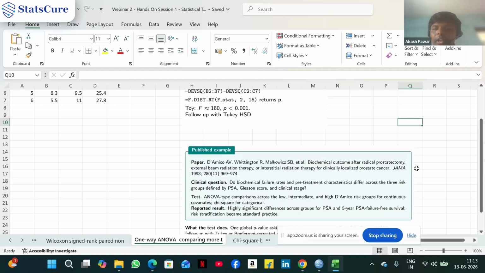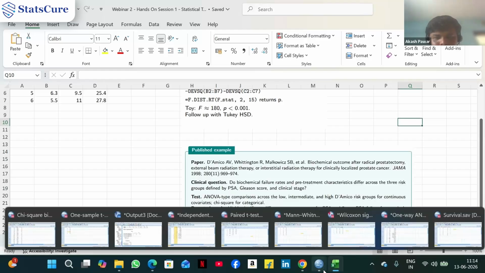So do biochemical failure rates or pre-treatment characteristics differ across the 3 risk groups defined by PSA? Okay, so we have these 3 risks defined, intermediate, low, and high risk. And in this, we are going to check some characteristics or values. The value is like PSA, I guess.